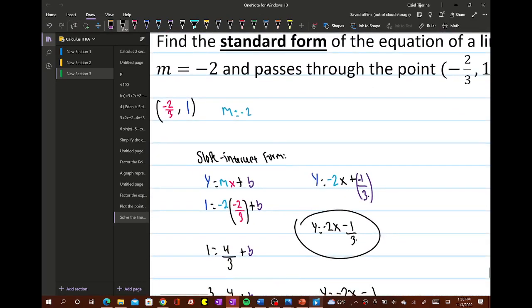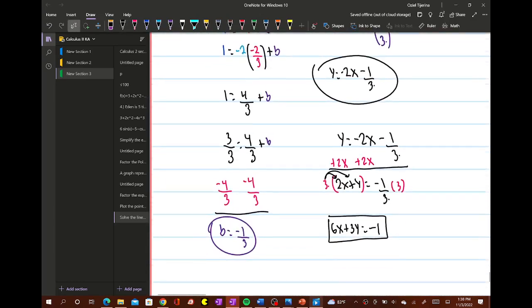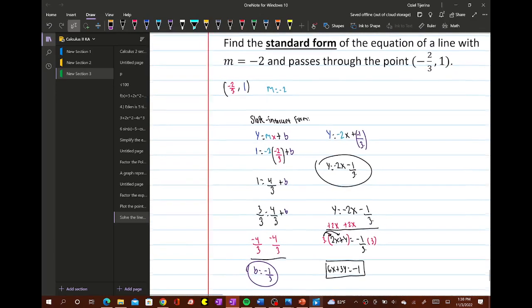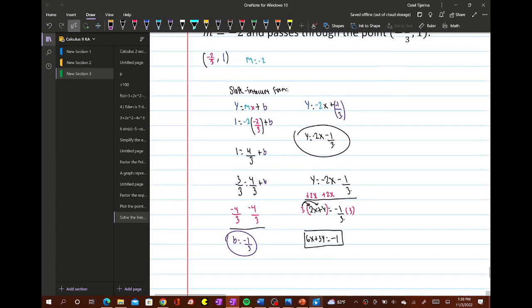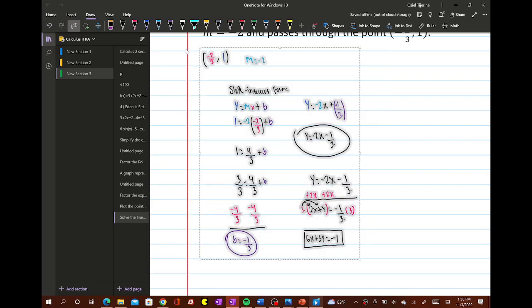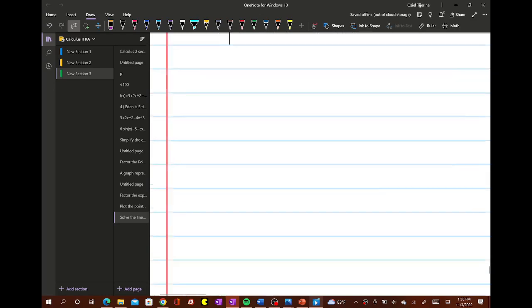There is another way to do this, okay? You can do this using point-slope form. So I'm going to do it using point-slope form next. So let me go ahead and just take this off. Okay.